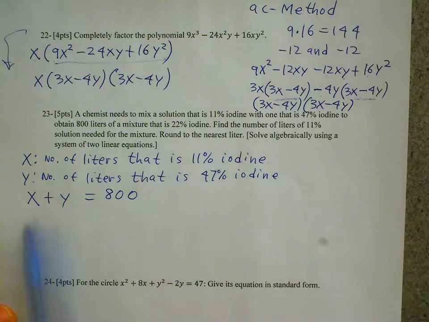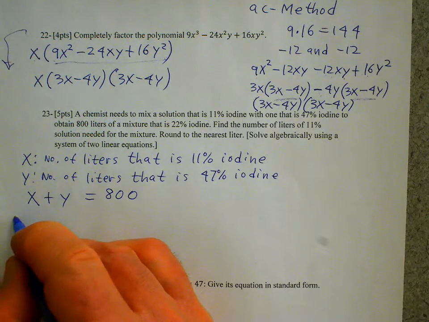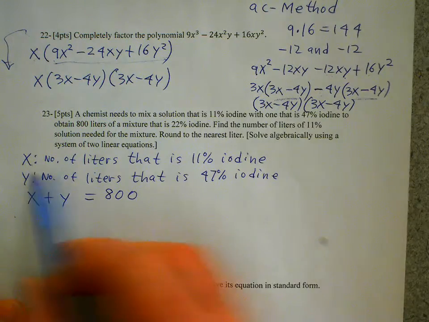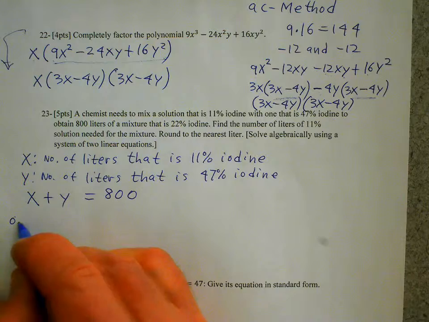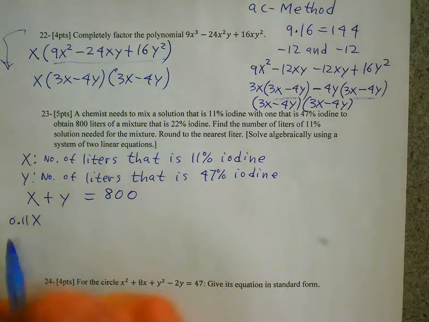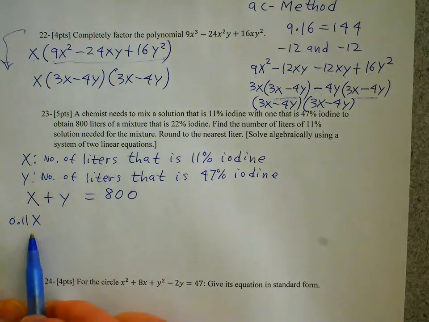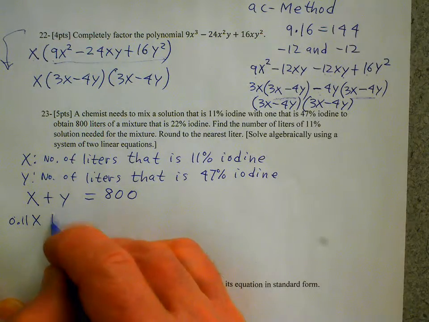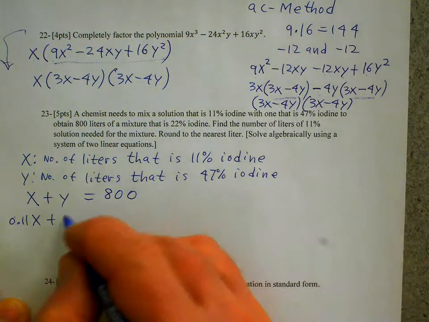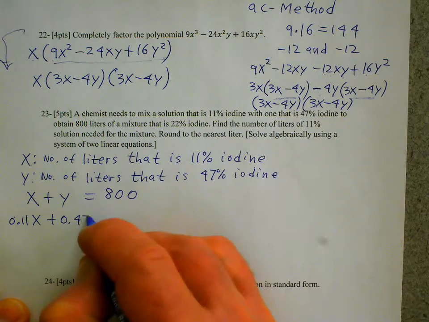So in the second equation, we use the percentages. If x liters is 11% iodine, then 0.11 times x represents the amount of pure iodine. And then we add that to 0.47 times y.